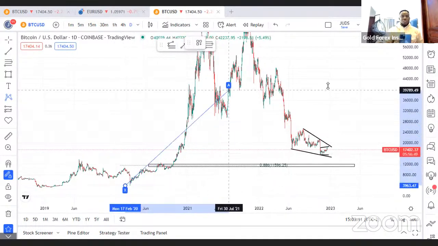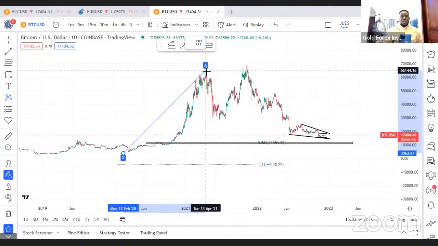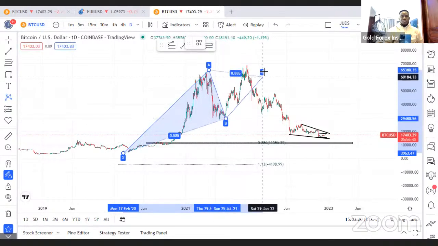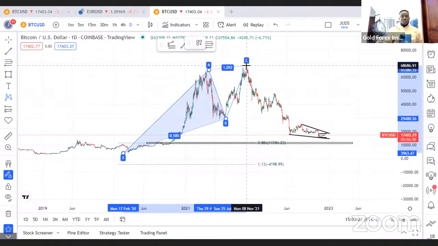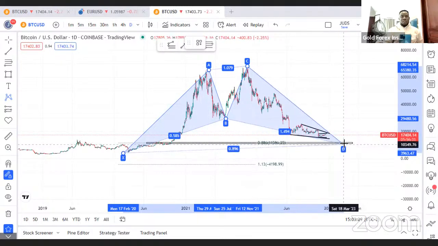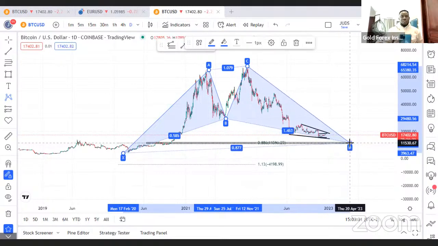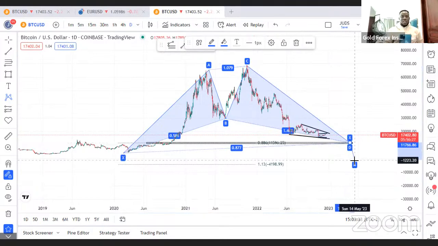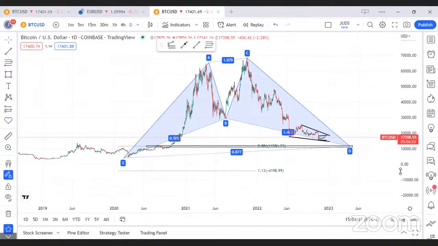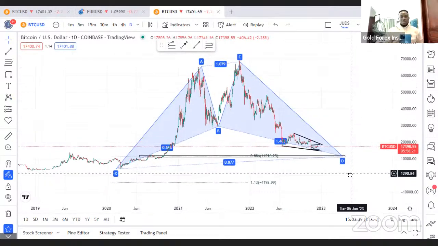Go to the left, the top of the left. Down to the middle, break of market structure, to the top, then to 88.6. Good. So this is the pattern I'm expecting. What pattern is this? This is a shark. Oh, okay.